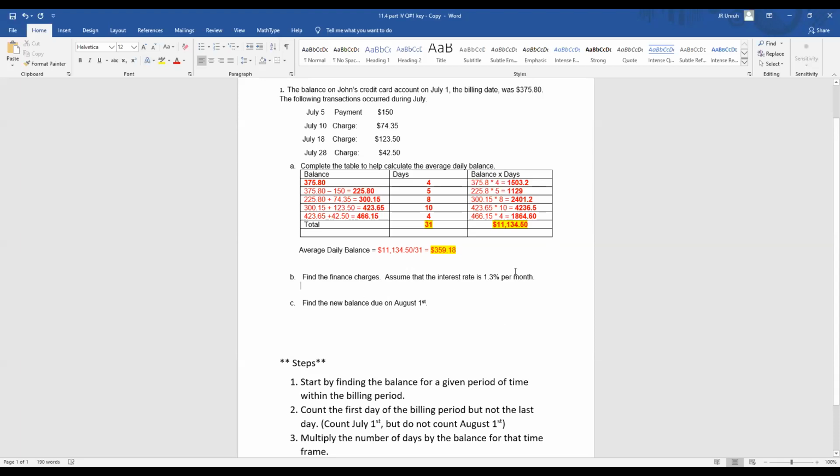All right, what I'm going to do next for part B is find the finance charges. And the finance charges are going to be average daily balance times interest rate. And the interest rate will be as a decimal.